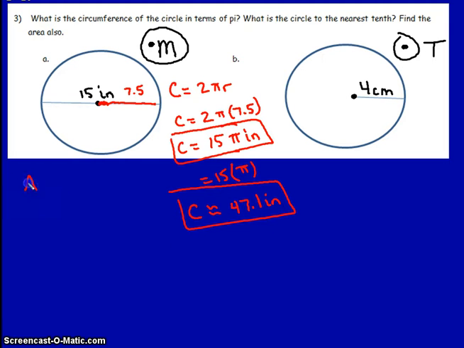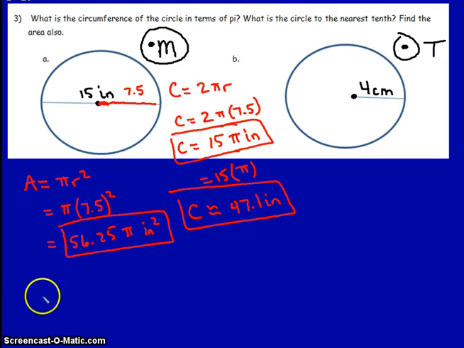For the area, your formula is area equals pi r squared. So all we do is plug in our radius and we square it. And when we square it, we get 56.25 pi inches squared. And that's in terms of pi.